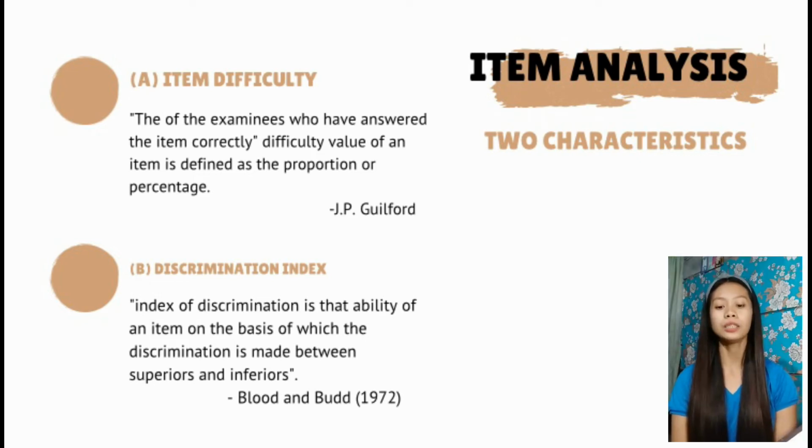The second one is the discrimination index. Index of discrimination, according to Blood and Budd, 1972, is the ability of an item on the basis of which the discrimination is made between superiors and inferiors.